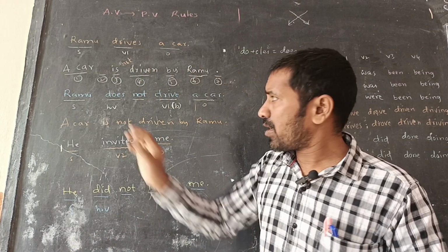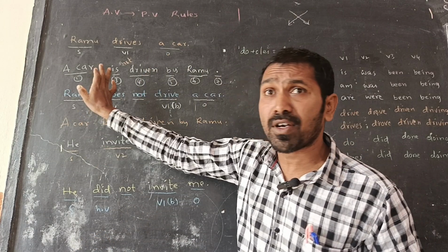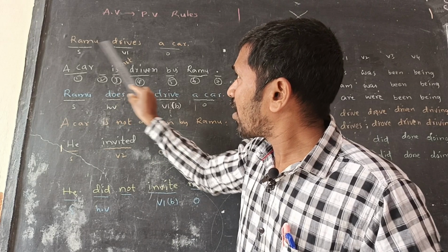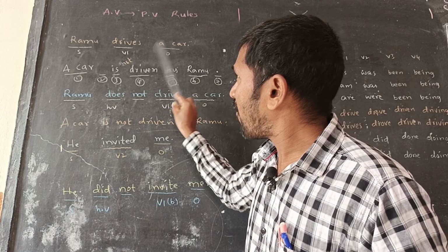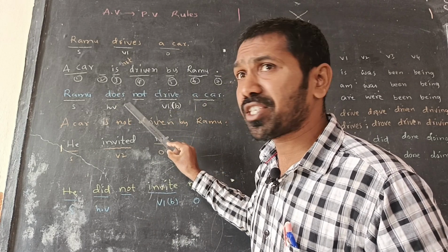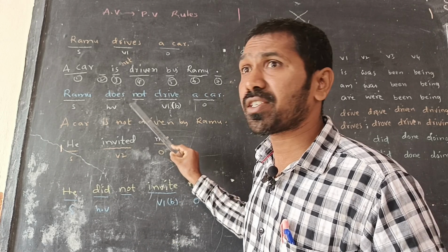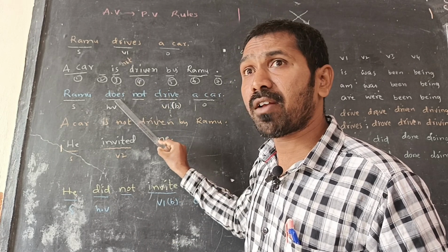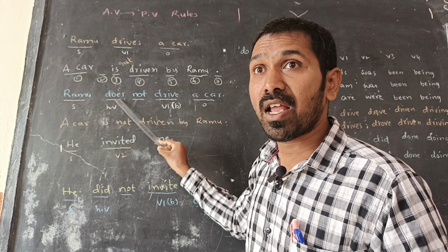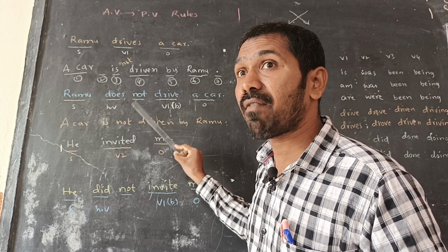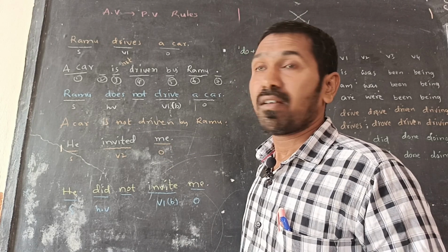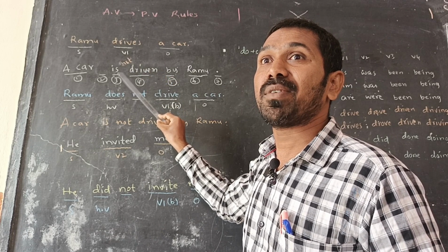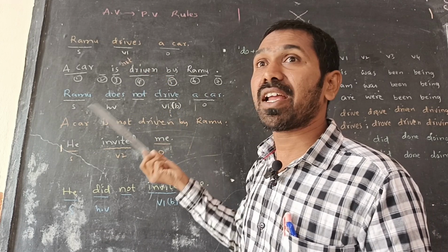What did we do here? More clearly you will have to understand here. We have written Ramu drives a car. For this statement, negative is this. Here, no helping verbs. So, we have written do forms as a helping verb. And then only we have added not. For this statement, passive voice is this. Here already one helping verb is there. So, why do we need again do forms?